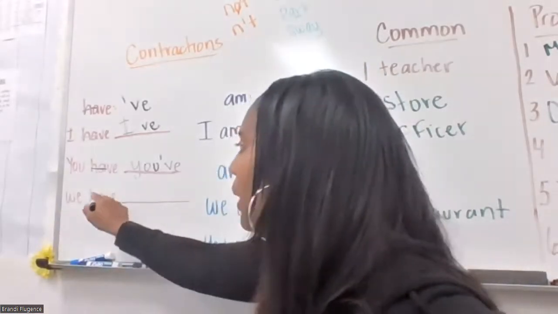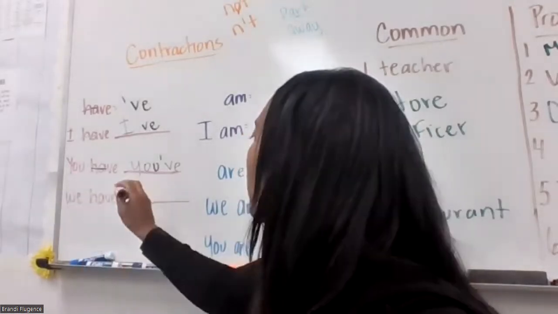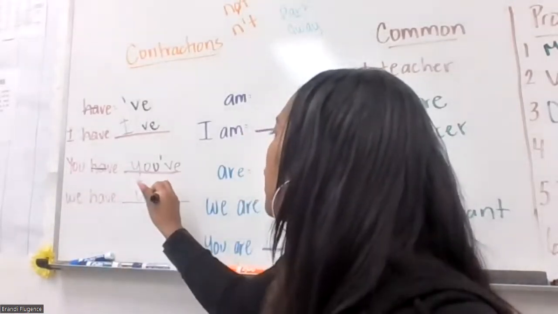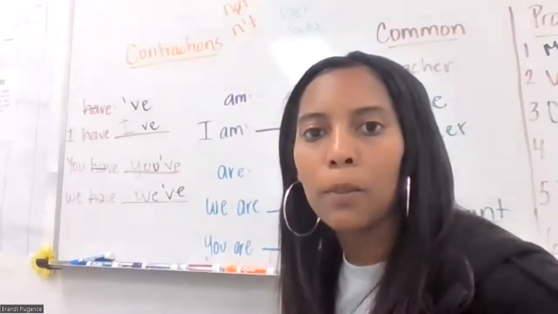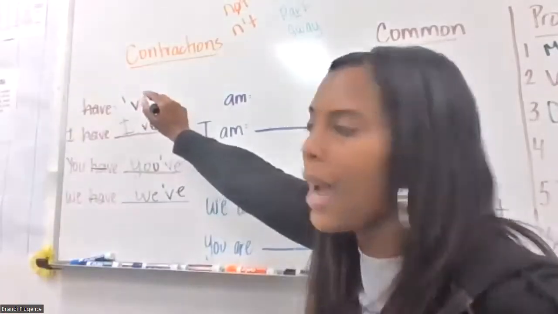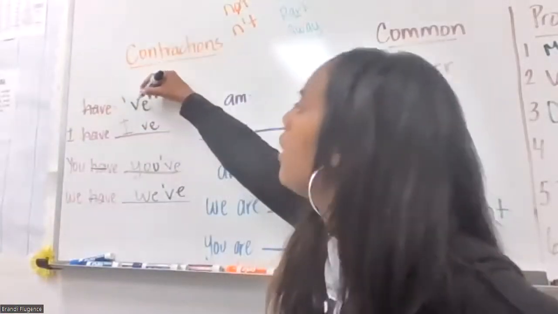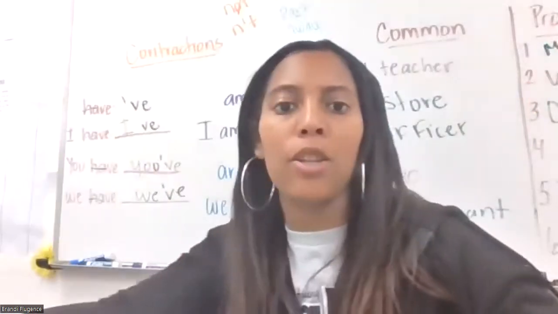It is we have, but when I put it together, it gets shorter. W-E apostrophe V-E. We're taking out the H-A to put V-E. So that's how we contract have. We take out the H-A and put V-E. We put the two words together to say it a quicker, shorter way.